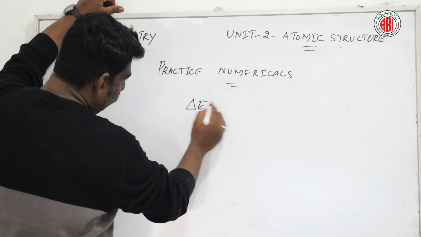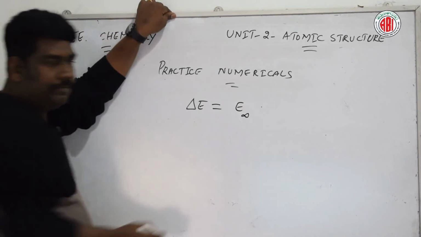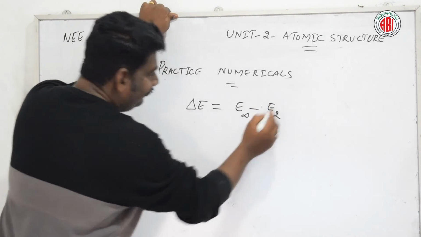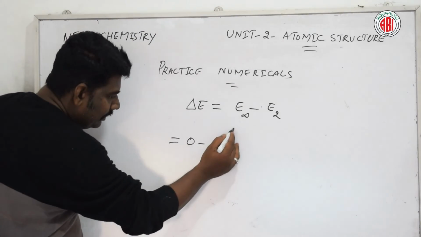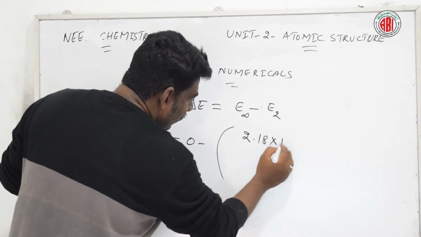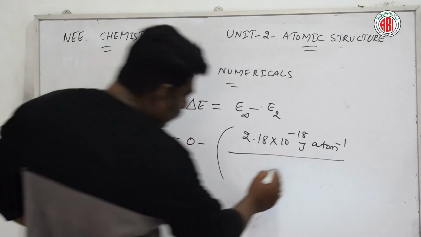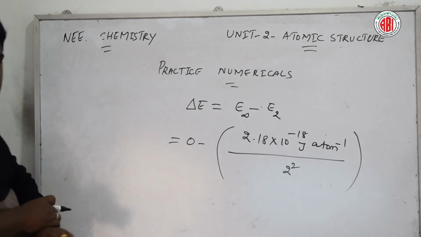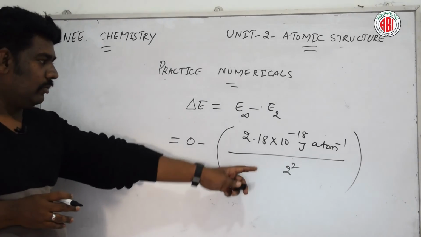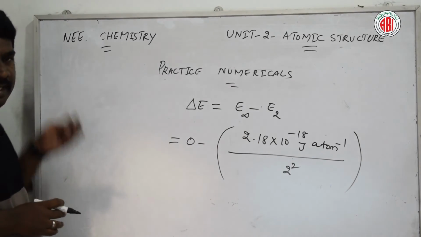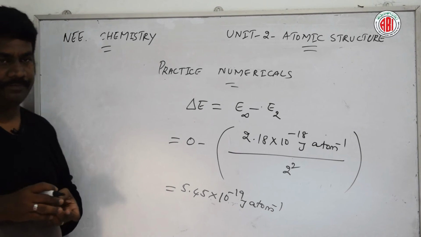Delta E is equal to E infinity minus E2, the second orbit, that is nothing but 0 minus 2.18 into 10 to the power of minus 18 joule per atom divided by 2 square. Simplifying, 2 square is 4, so we get 5.45 into 10 to the power of minus 19 joule per atom.